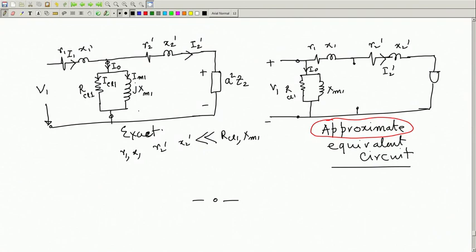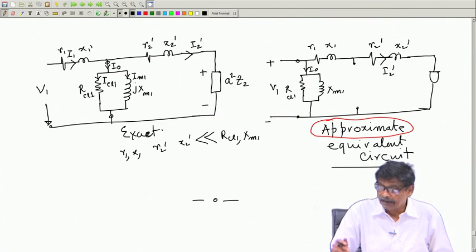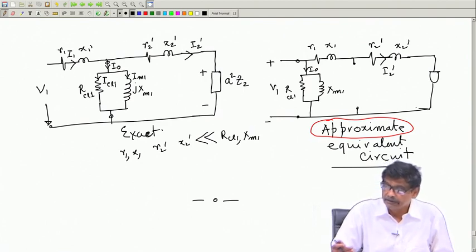Now, if you see this R 1, x 1 and R 2 dash, x 2 dash, they become in series. So, this is one of the greatest advantages of looking at the transformer equivalent circuit in terms of its approximate representation.